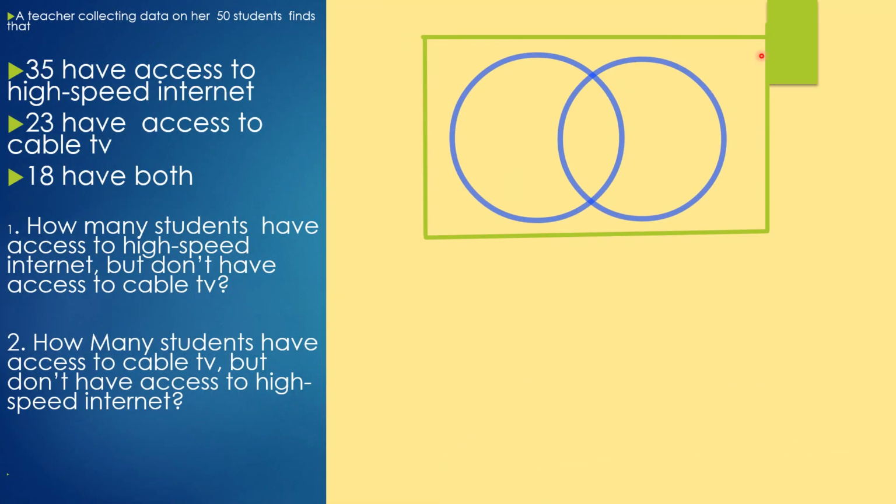Okay, so first, if you're going to analyze the given, there are 50 students, and that 50 students is the size of the universal set. So N of U, the universal set, the symbol is U, is equal to 50. That's the size. And then, let's say we have set I, that's for internet. Those students have access to internet, high-speed internet, and C for cable.